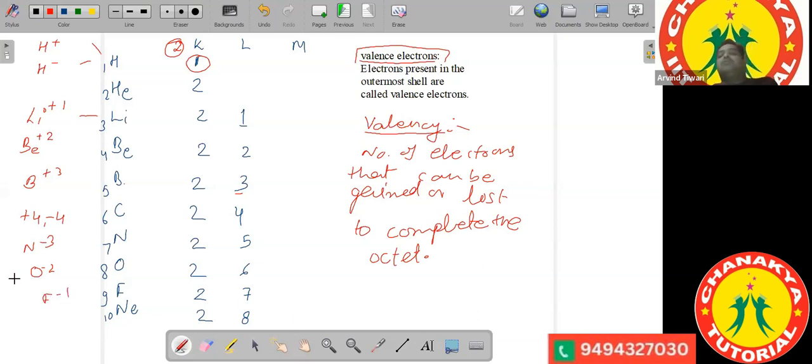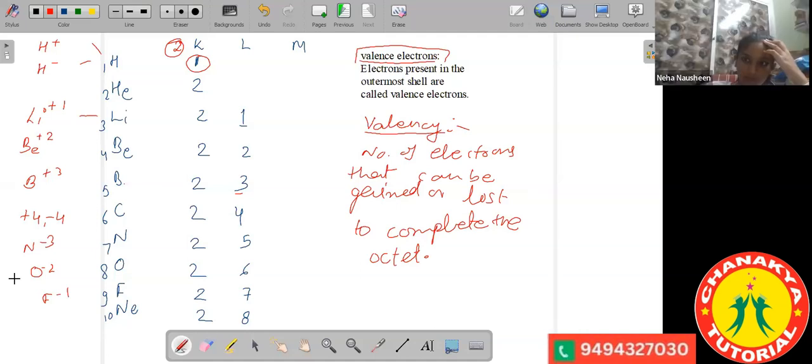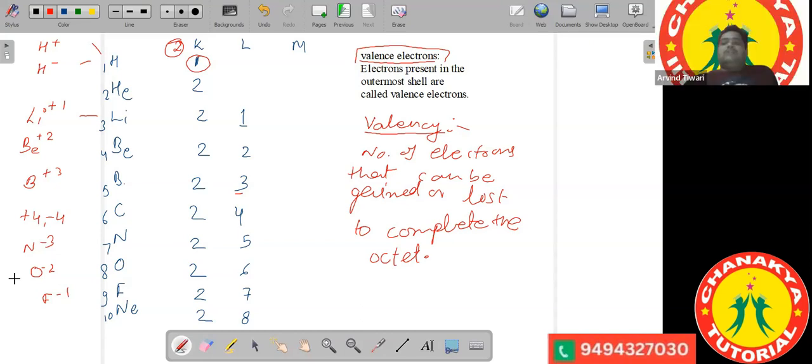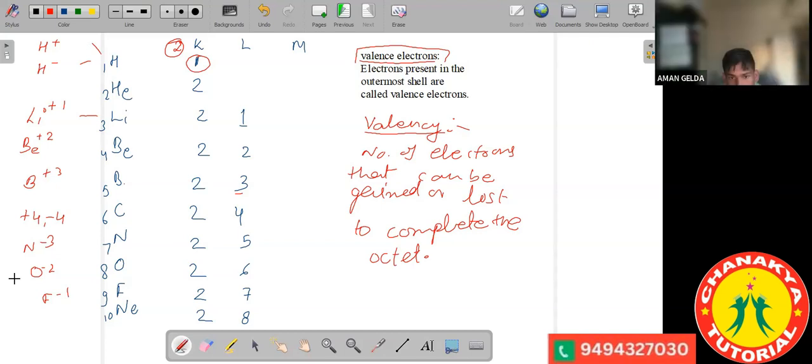So I think now you can predict the valencies and the valence electrons. Does anyone have any doubt in writing the electronic configuration or predicting the valence electron and valency? Aman, any doubts? No, sir.